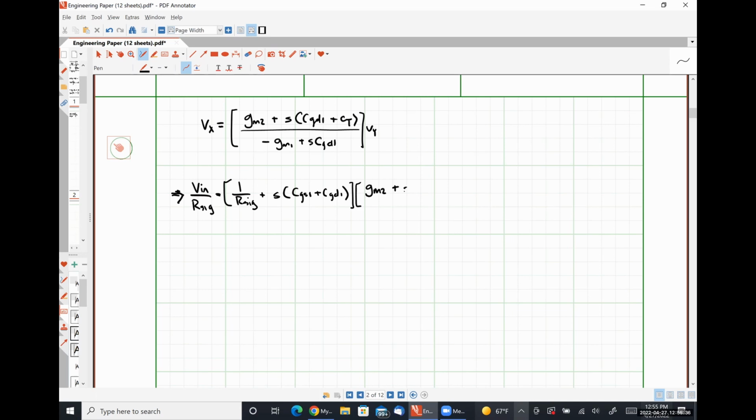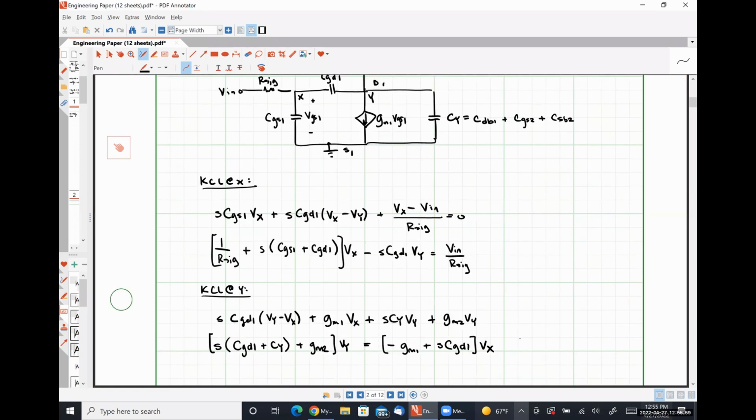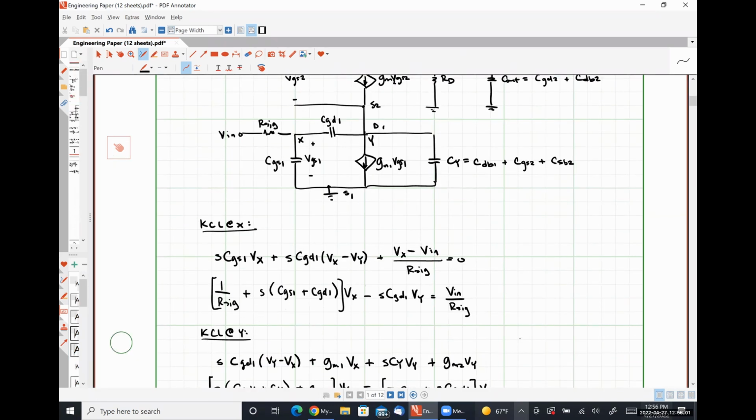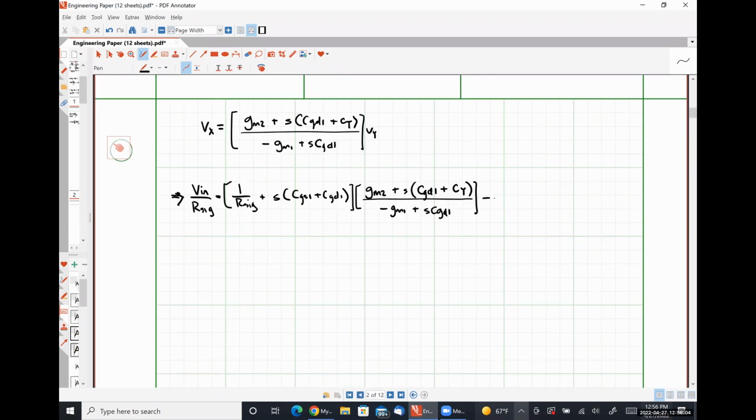GM2 plus S (CGD1 plus CY) all over negative GM1 plus S CGD1. And then I have that minus CY term here, so minus S CGD1 Vy.